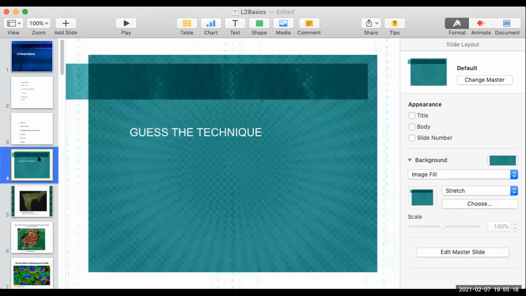So let's go ahead and do a little activity before we dive into the lecture material. This is kind of a mini quiz, self-graded, if you will. Just take it at home and see how well you're doing at guessing the imaging technique or imaging modality.